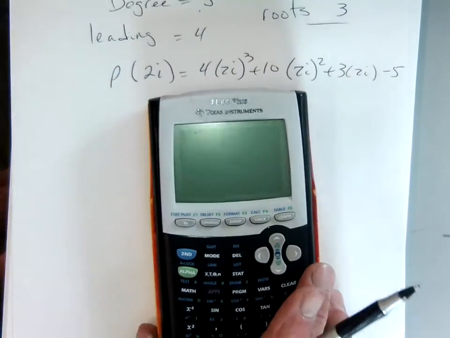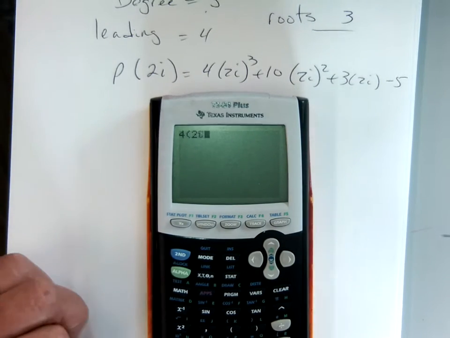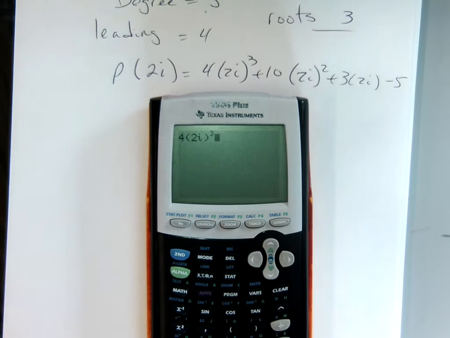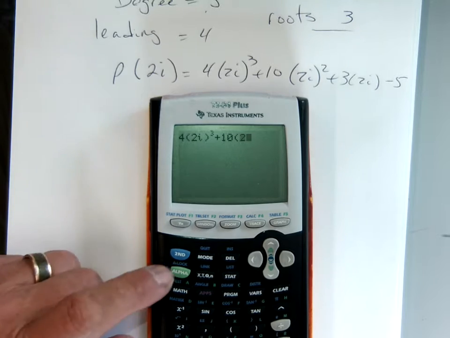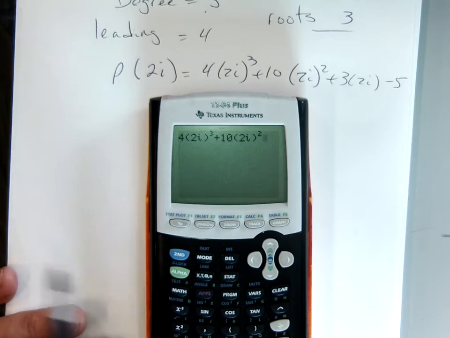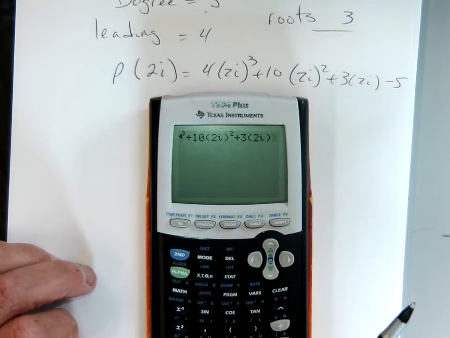Silly me. So I'm going to go 4 parentheses, 2i to the third power, okay? And then I'm going to go plus 10 times 2i squared, right? Plus 3 times 2i, subtract 5, okay?